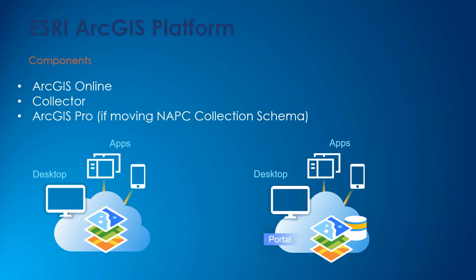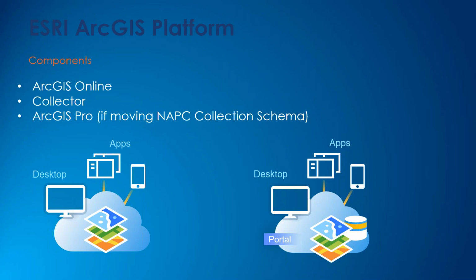So kind of starting at a high level. So exactly what is the Esri ArcGIS platform? It's comprised of many different geospatial components, but the main ones that we're going to be dealing with for this project is ArcGIS Online. That is the cloud-based Esri repository. It's where all of this data is going to be stored and manipulated. It's where the schema that Stephanie alluded to, the data structure that's been built out for this project, is stored.